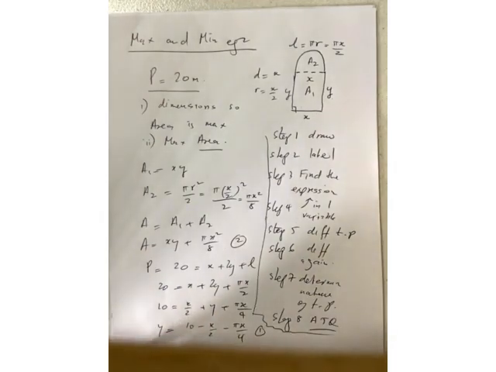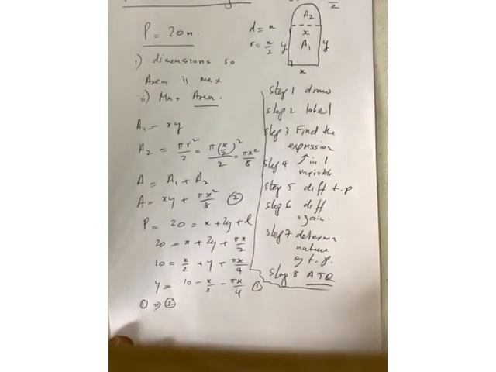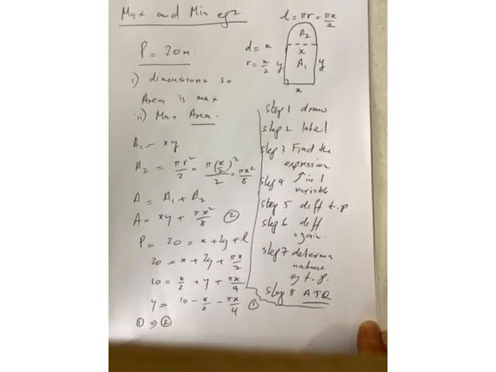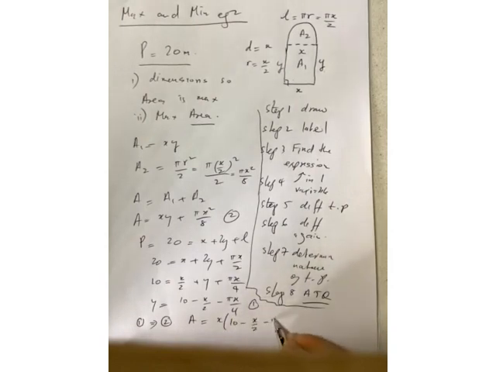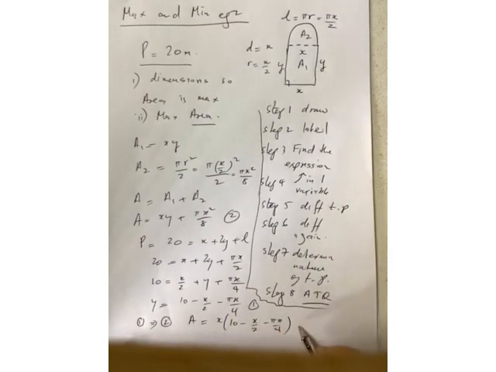So when you substitute 1 into 2, then you get your area, which is x times the y, which is 10 minus x on 2 minus pi x on 4, plus pi x squared on 8.